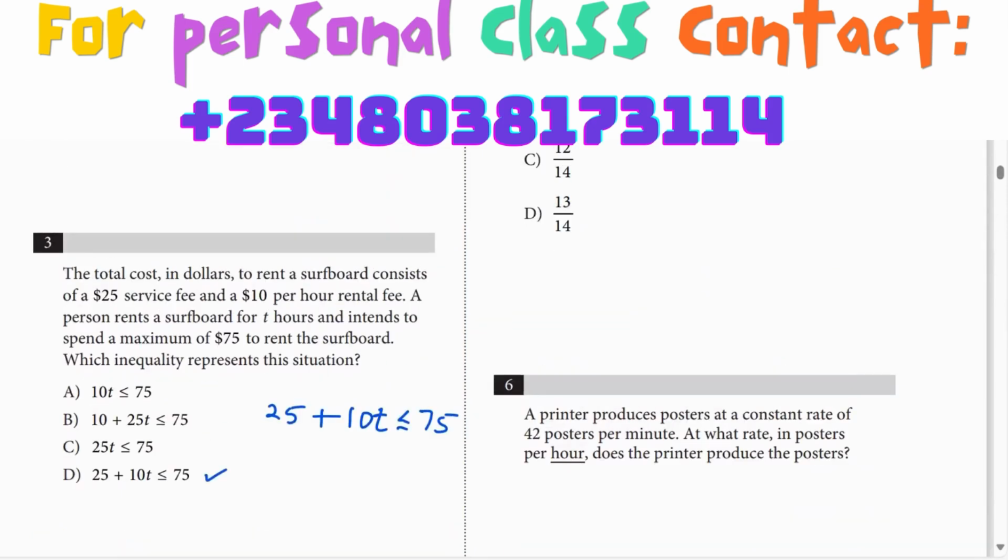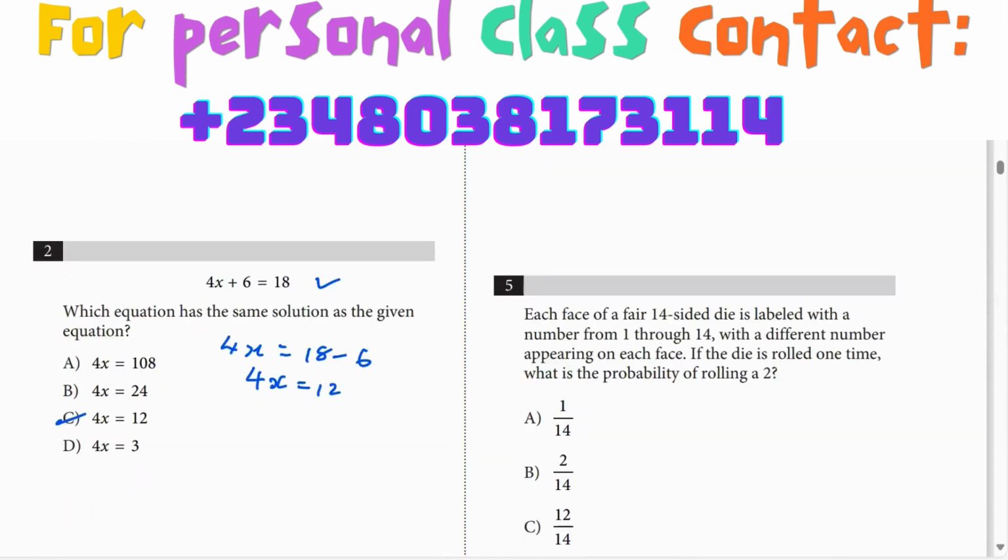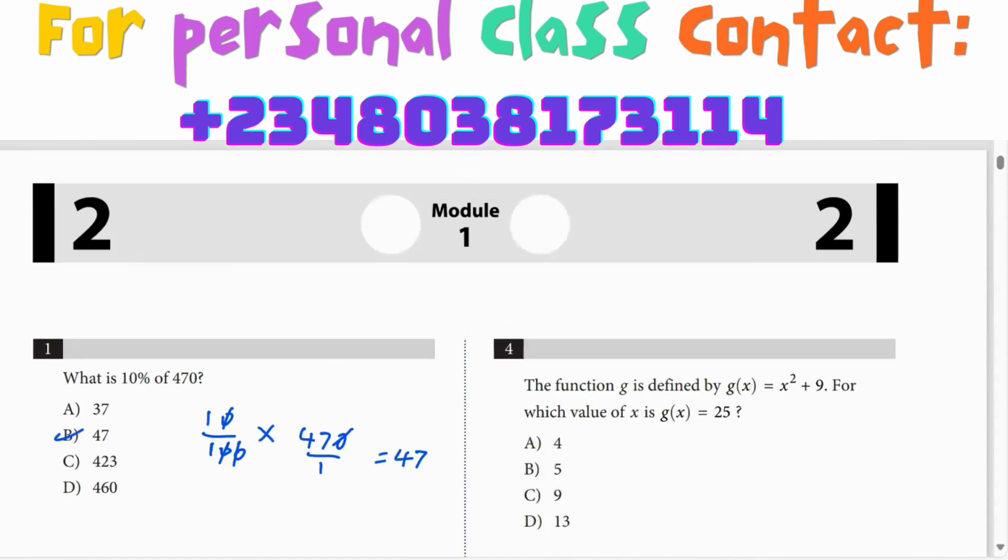We go to question number 4. We are given this function g. The g function is s squared plus 9. So for which value of s is g of s 25? So we set s squared plus 9 equals 25.